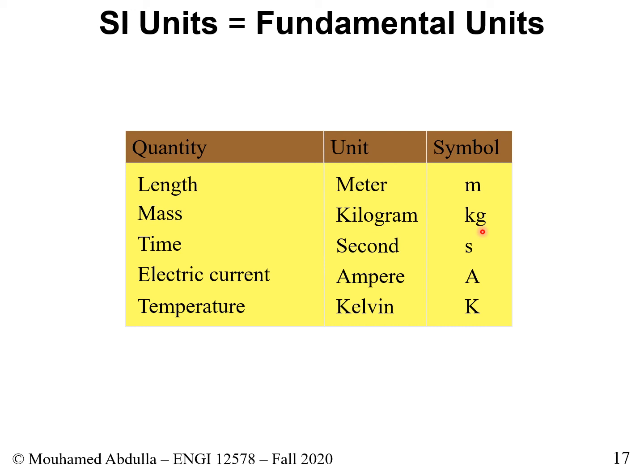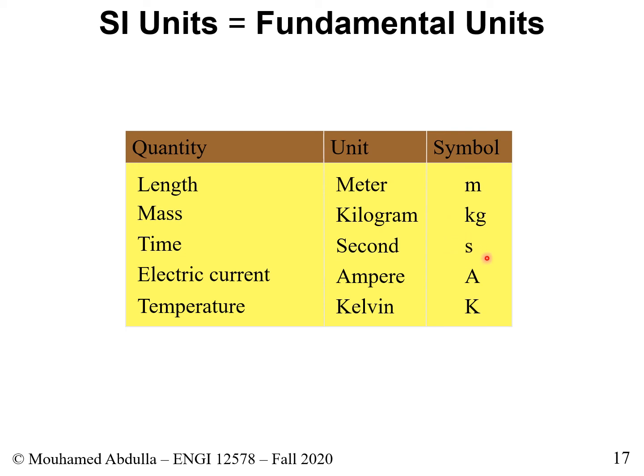Pound is something that is used perhaps in North America and mostly in the US and other places, but it is not a scientific way of representing it. So if you look at a scientific document or a book or a publication, the SI units have to be used. So pound is not an SI unit, but kilogram is an SI unit.